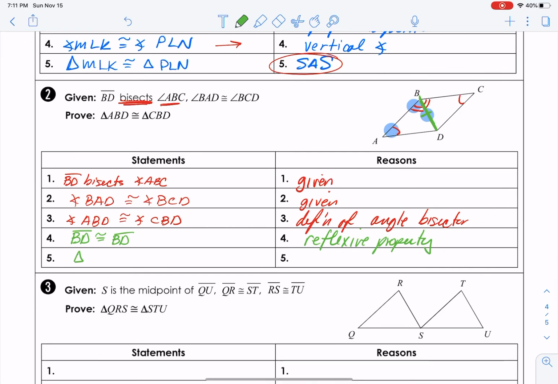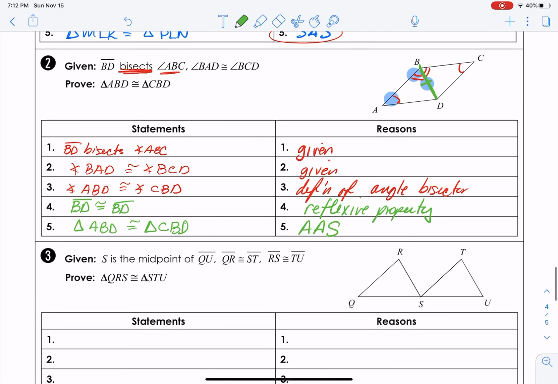I can say that triangle ABD is congruent to triangle CBD using angle, angle, side as my reason for congruence. So again, what we were given in the picture, what that means for anything in there, anything that I see, and then of course being able to prove congruence.